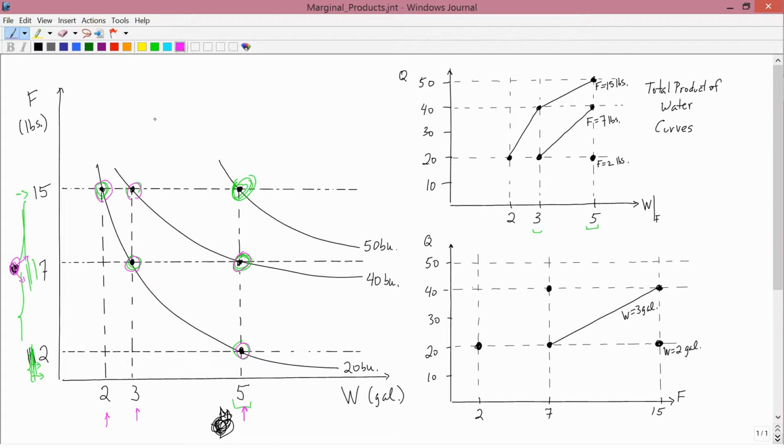And finally, we've got this point, which says that 15 pounds of fertilizer produce 50 bushels of corn. So let me draw lines connecting those points. So that's what happens when W is fixed at 5 gallons.